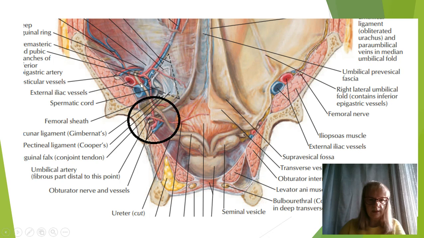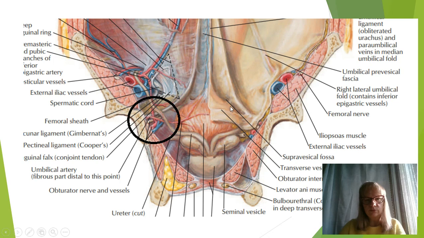Here you see some vessels, the femoral artery and femoral vein, which pass through the lacuna vasorum. Our next question for the topography of the pelvis, we will have the deep ring. Here you see the deep ring of the inguinal canal. The deep ring projects on the anterior abdominal wall to the lateral umbilical fossa. Lateral umbilical fossa, this one.